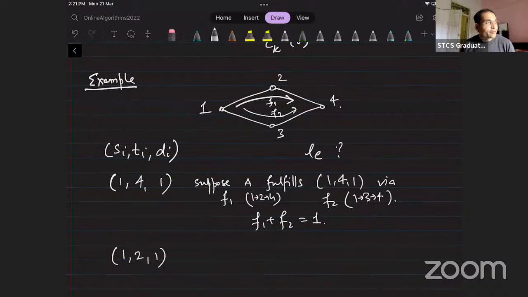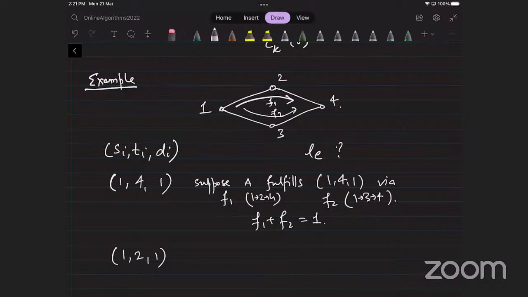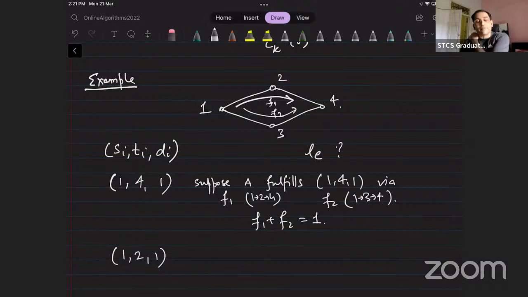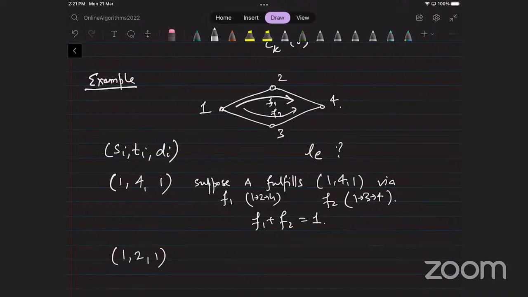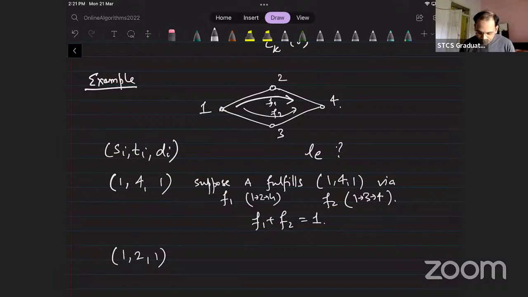What if f2 is not larger? Suppose f1 is equal to f2. Online algorithm can do that, right? Then also it will hold. So now it's (1, 2, 1), and this is not negotiable. I have to put a unit amount of flow on this one.